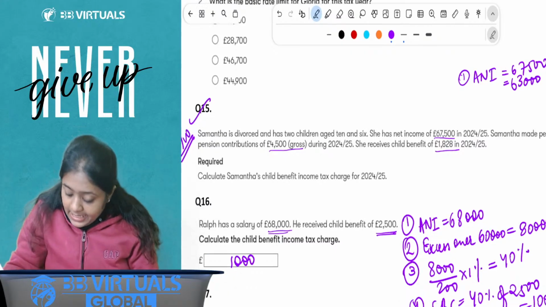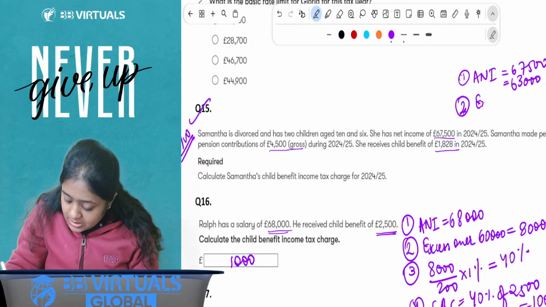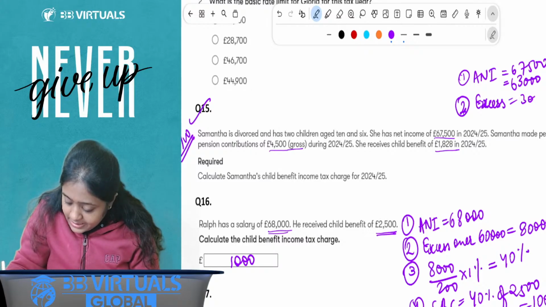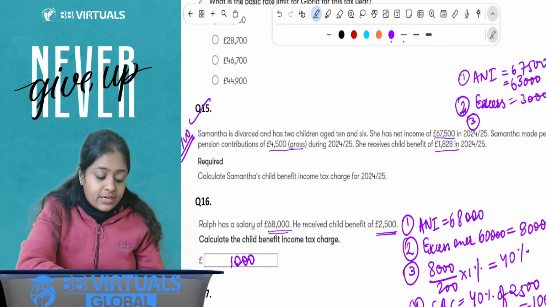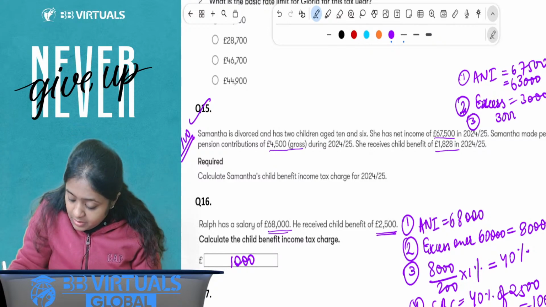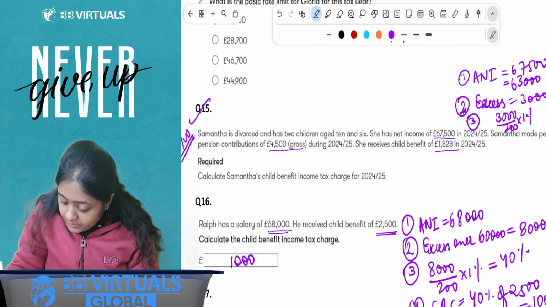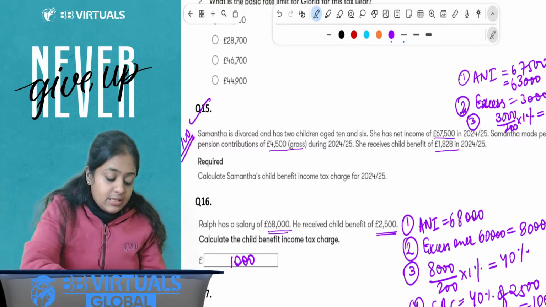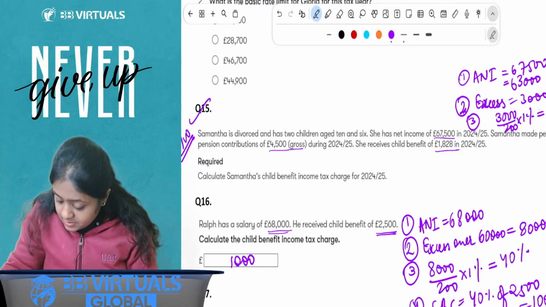Second step is to get the excess over 60,000, which is 3,000. Then third, take 3,000 divided by 200 multiplied by 1%, and that becomes 15%.